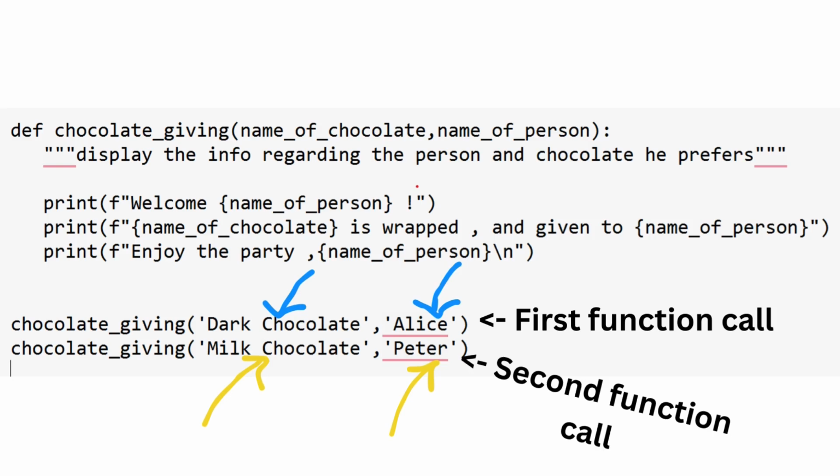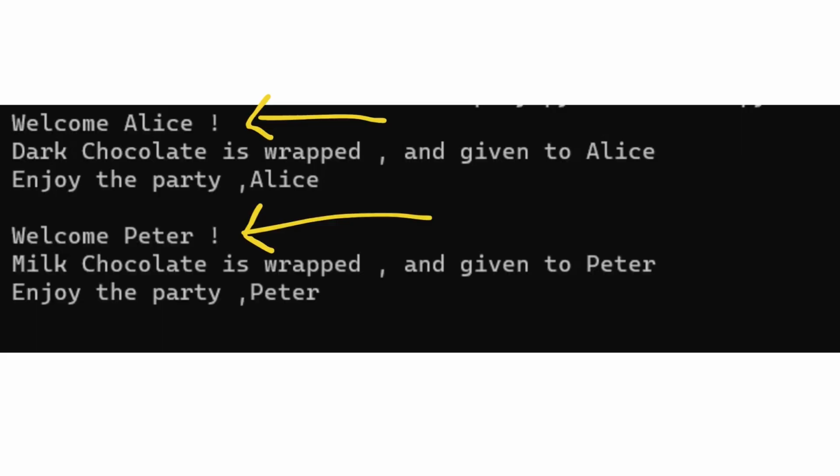So see the output. It is like, welcome Alice. Dark chocolate is wrapped and given to Alice. Enjoy the party, Alice. And to Peter also, there is a welcome message: welcome Peter. Milk chocolate is wrapped and given to Peter. And enjoy the party, Peter. So at first it prints the welcome message for Alice and then for Peter.